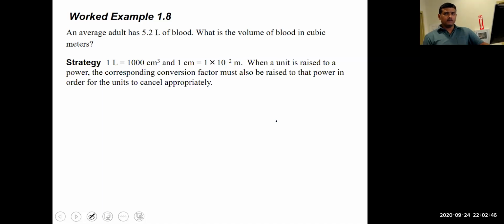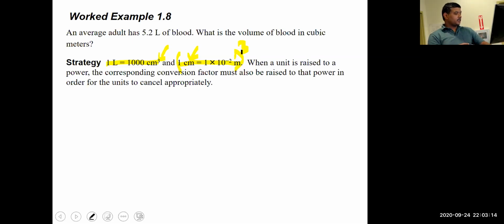So what you can do is find the relationship between liters and centimeters, because we know that 1 liter is equal to 1,000 centimeter cubed, and you can later convert those centimeters into meter cubed. But again, the problem is this one is in cube, but this one has no exponent. So you need to make this one to the power of 3 as well.